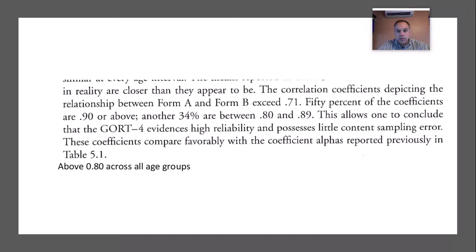So of that, you have 84% of the 13 different age groups that are extremely reliable, above 0.8. Then you have 16% that are still greater than adequate, being above 0.6, but not quite above 0.8, above 0.71. And still, when you put them all together, it's above 0.8 across all age groups.